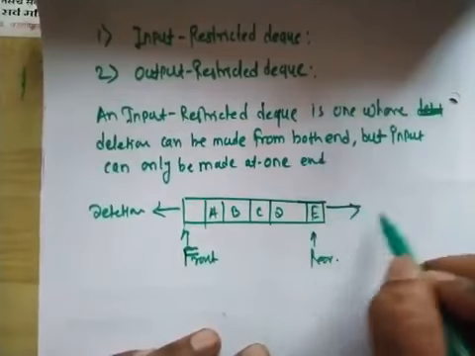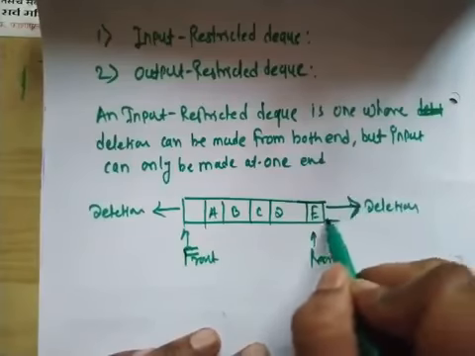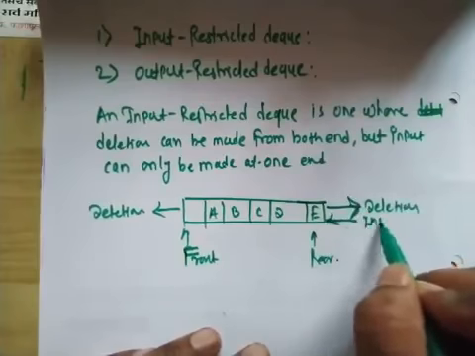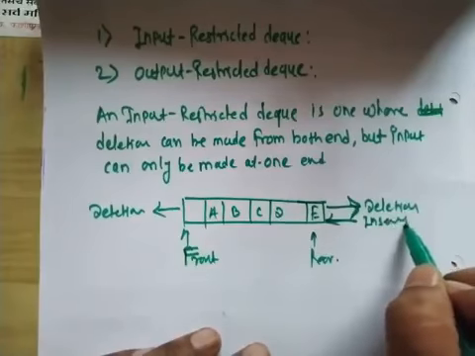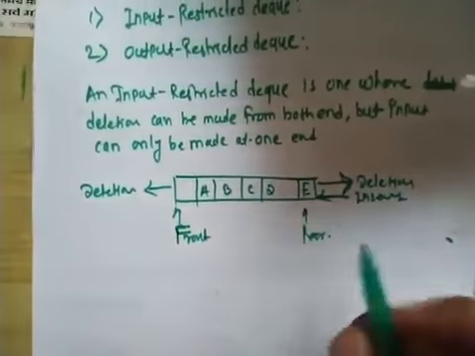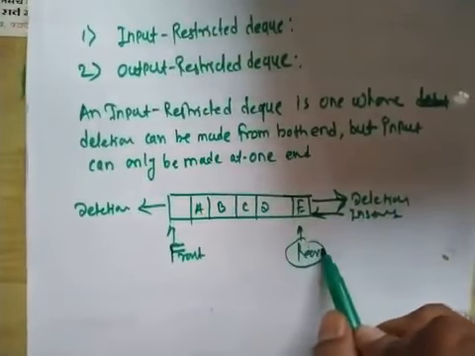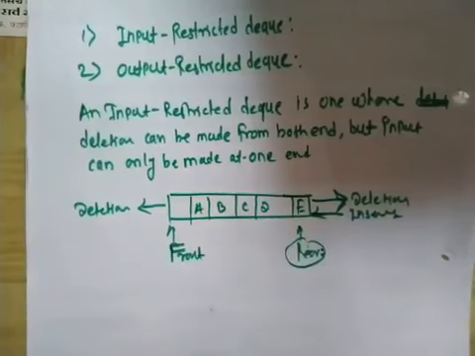Now we can make deletion through the rear end and also insertion through the rear end. So what is input restricted? Where input is restricted means we can perform insertion through the rear end only, but we can perform deletion through both ends. Both ends means the rear end and the front end also. Okay, so this is input restricted double-ended queue.